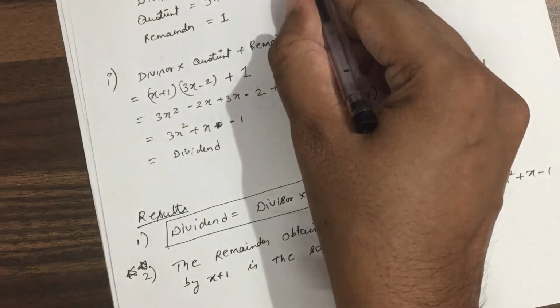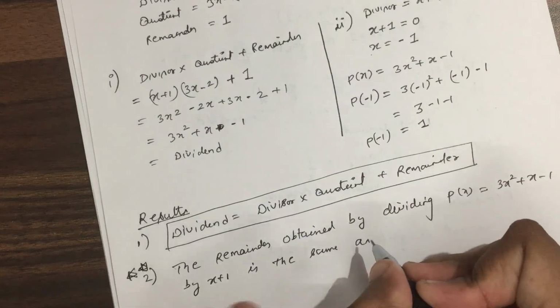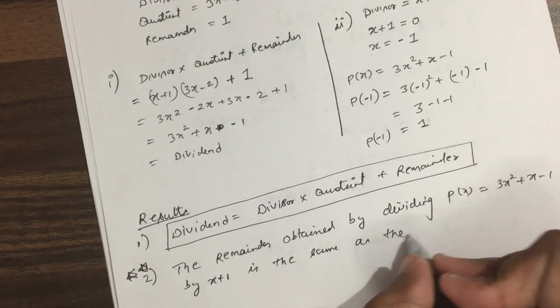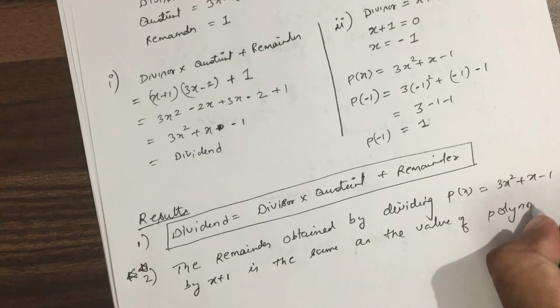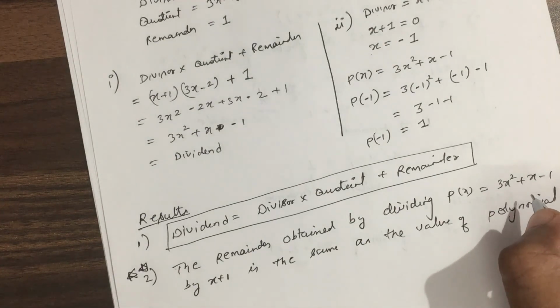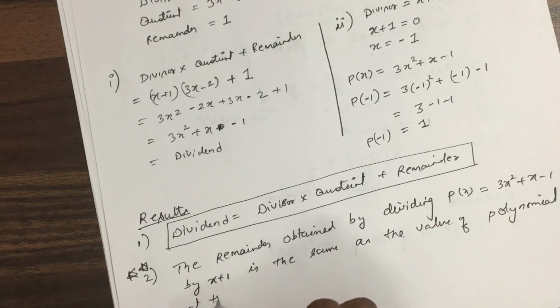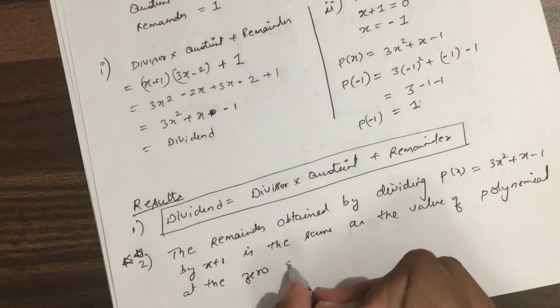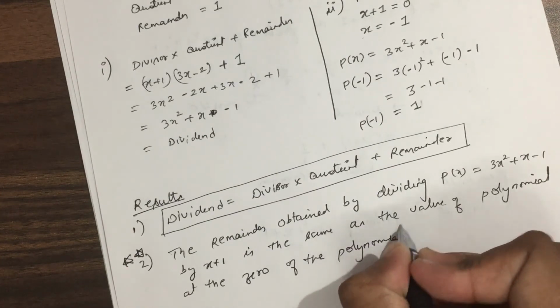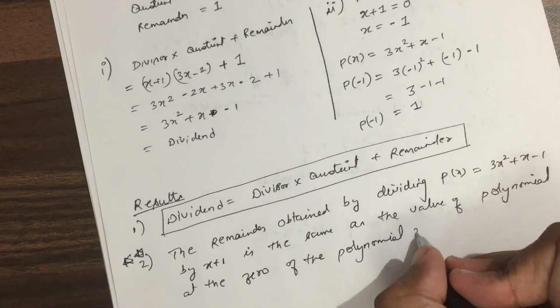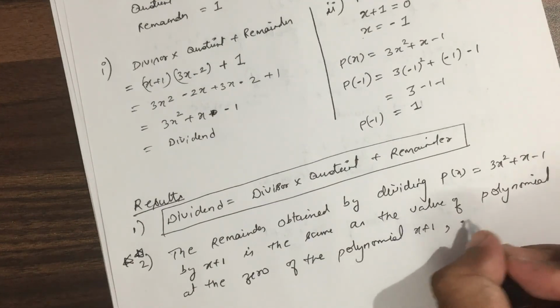What we obtained, remainder 1, is same as the value of polynomial at the zero of the polynomial x plus 1, that is minus 1.